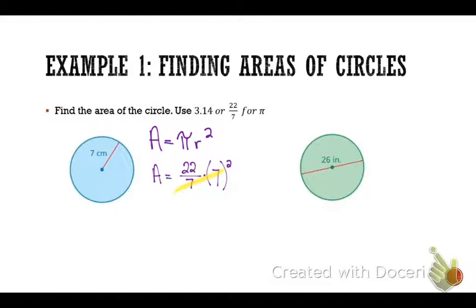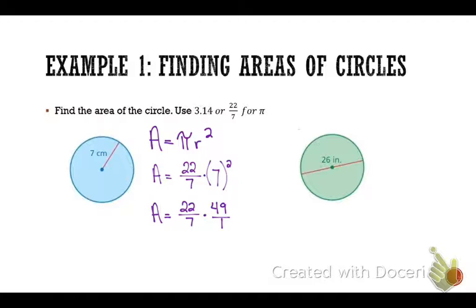I must follow order of operations. I need to square 7 first. What is 7 squared? 49. Don't forget 7 squared is the same thing as 7 times 7, not 7 times 2. So 7 times 7 is 49. 22 over 7 times 49 over 1.